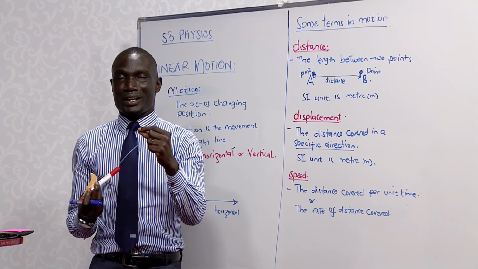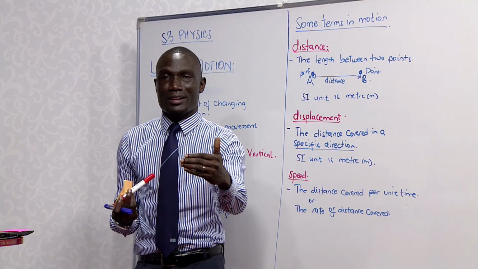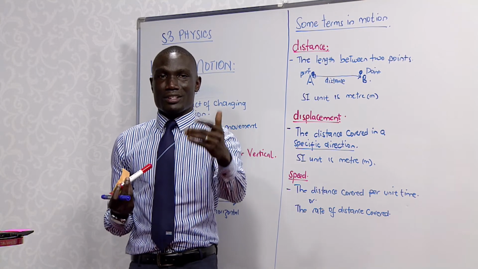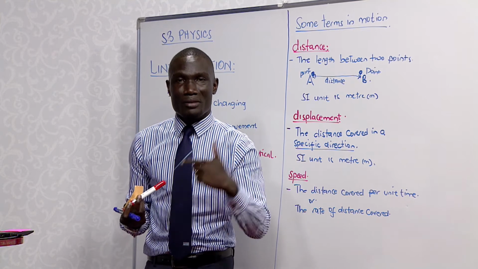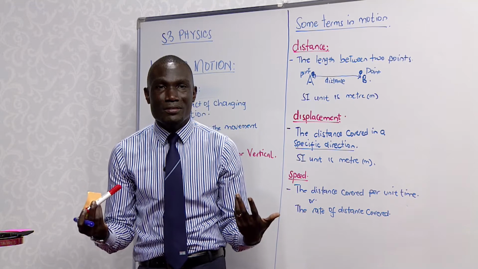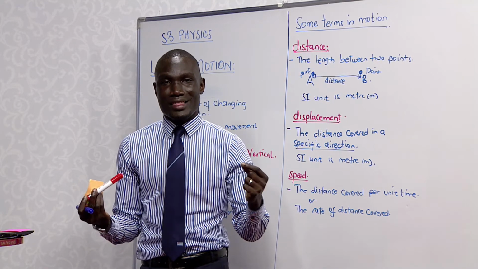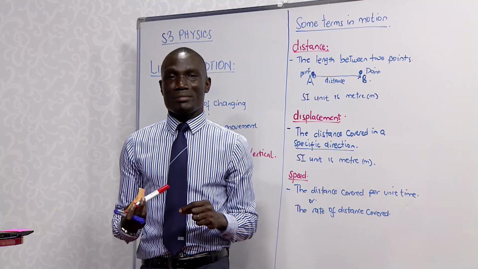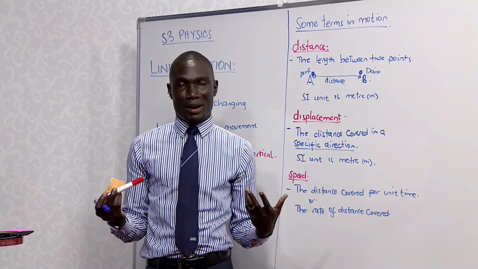If you're running 100 meter, then we shall ask ourselves, how long have you taken to run the 100 meter? If you have taken 5 minutes, then we can calculate your speed by getting the 100 meter and dividing by the time you have taken.